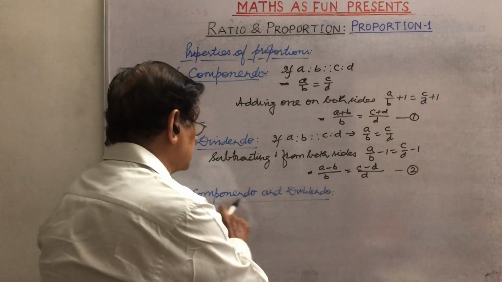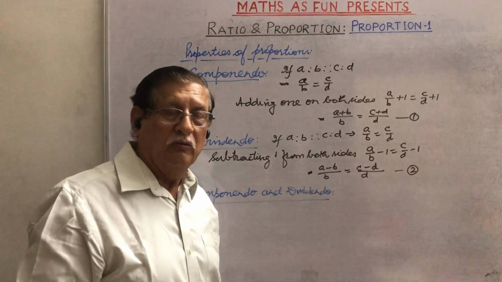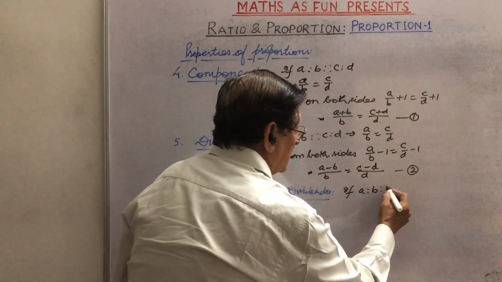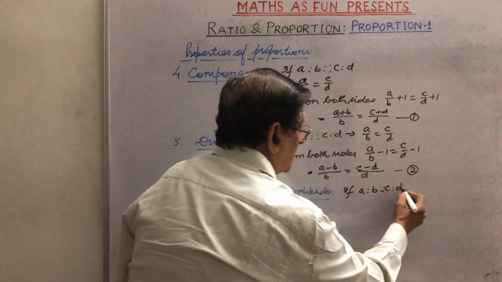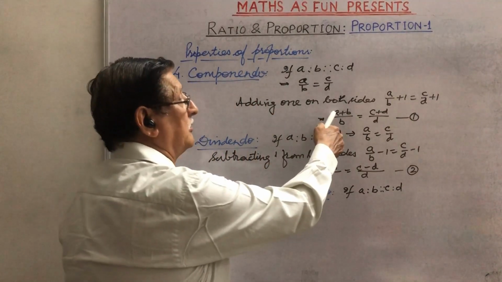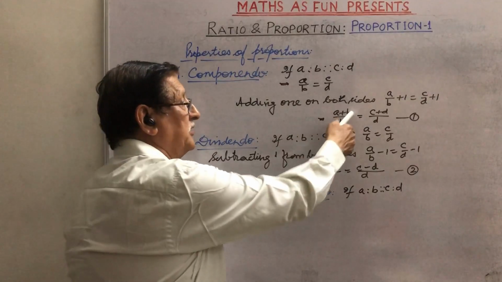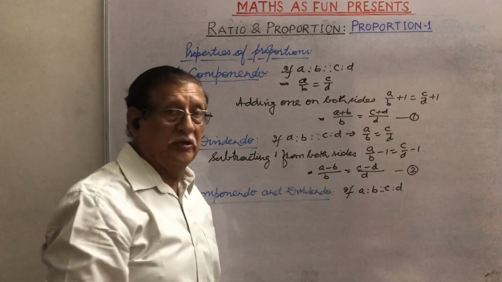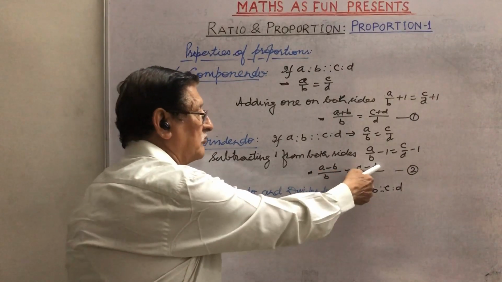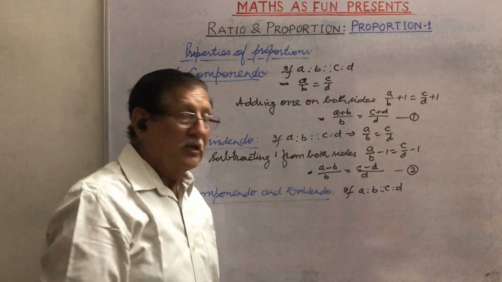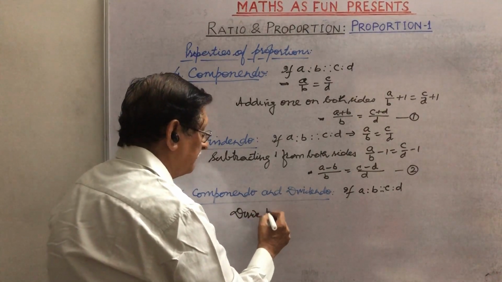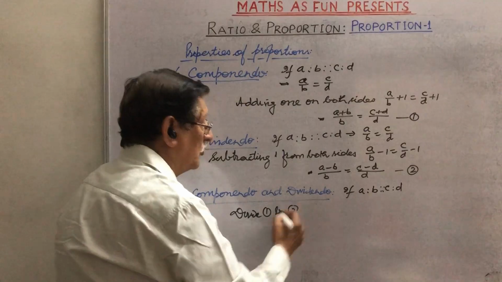The next property is componendo and dividendo. What is it? If A is to B same as C is to D, then we already know about the componendo. It is A plus B upon B is same as C plus D upon D. And dividendo says A minus B upon B is equal to C minus D upon D. If we divide 1 by 2, what do we get?